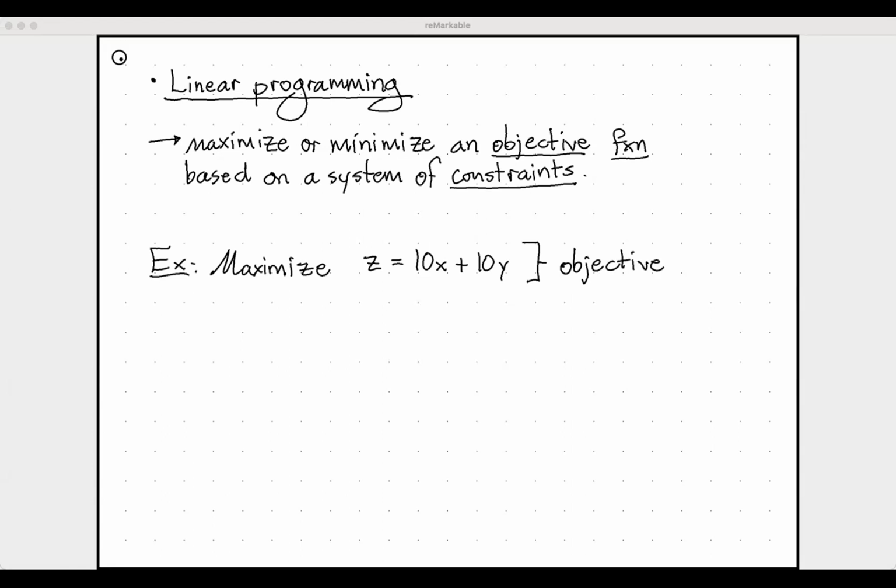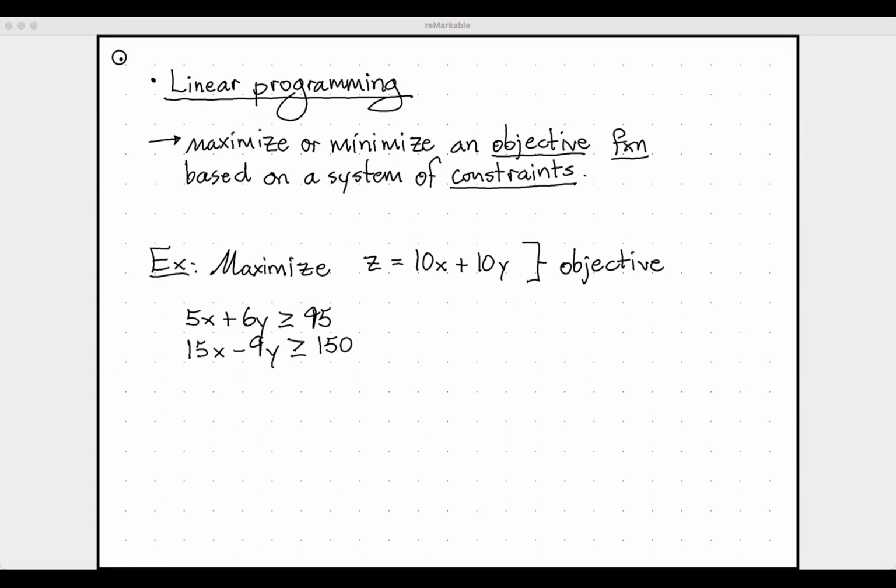And then I'm going to give myself a system of constraints. So I can plug in any x and y I want to, as long as they satisfy the following system. So firstly, 5x plus 6y is greater than or equal to 95. 15x minus 9y is greater than or equal to 150.